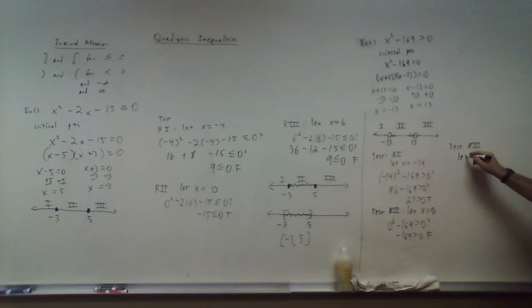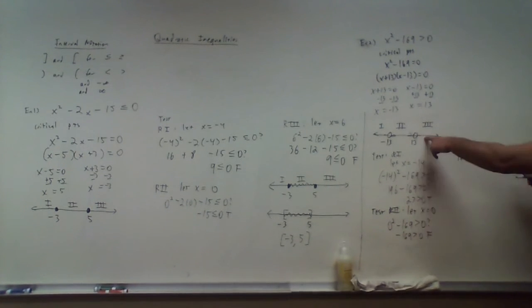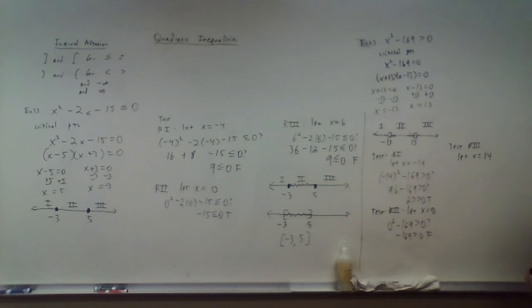So next, we will test region 3. I propose to let x equal 14. I want to know if 14 squared minus 169 really is greater than 0. That's 196. And that ends up being 27 greater than 0. That's true.